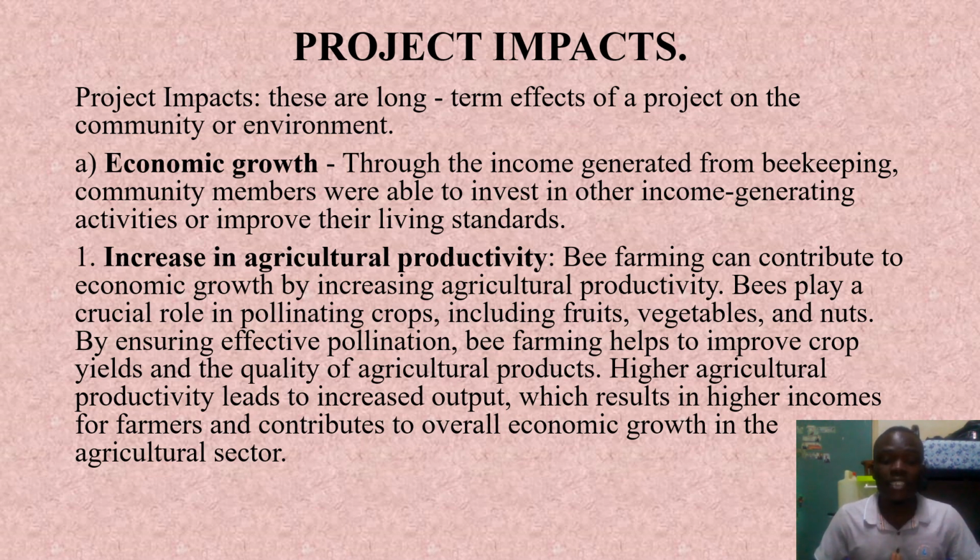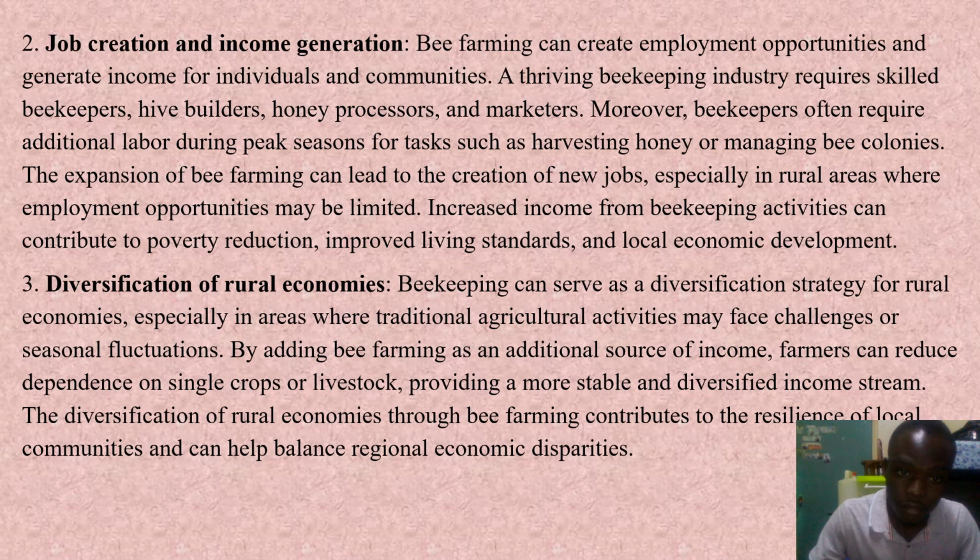As we said, bees help in the pollination of our crops. Therefore, we are going to get better yields out of our agriculture production. That means if our agriculture production increases, it implies that there is economic growth.